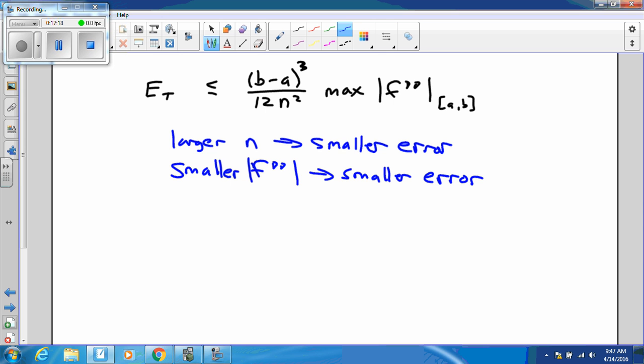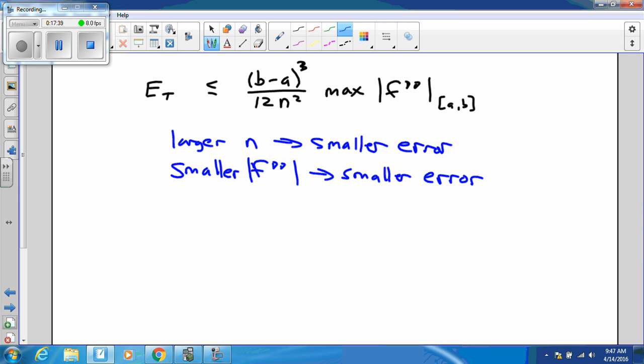Okay. And backing off of that, if I have a small but non-zero f double prime, what does that mean about the shape of my curve? It's going to be flattish. That's right. It's going to be very gentle.